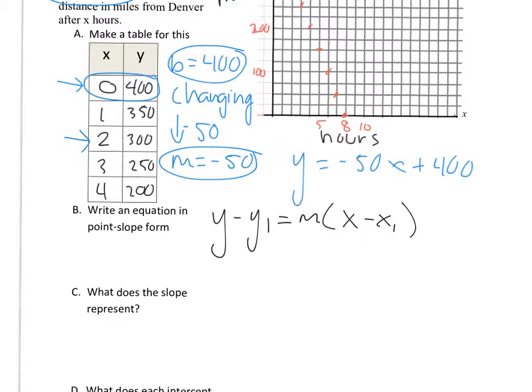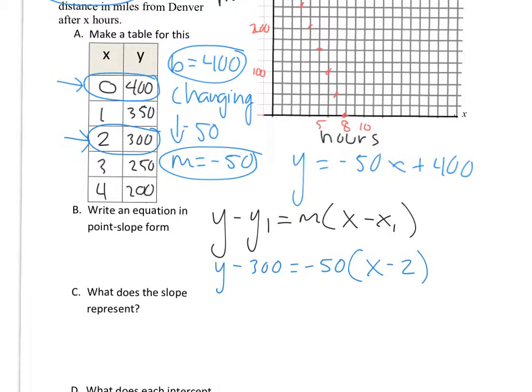Now you have to fill in the slope and the x1 and the y1. So the x1 and the y1 come from this point right here, 2 and 300. So you're going to go y minus 300 since that's the y part of the point. And then our slope, which we already wrote down, is negative 50. And then x minus, and the x part of that same point that we circled is 2. And there you go. You don't have to do anything else.